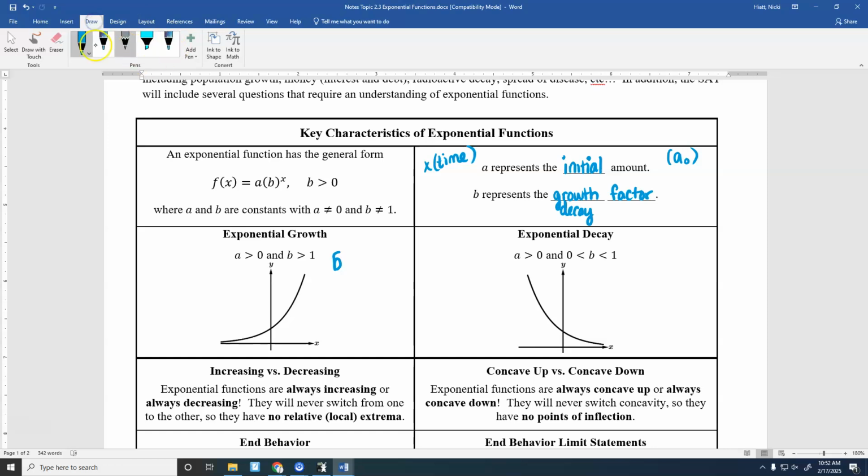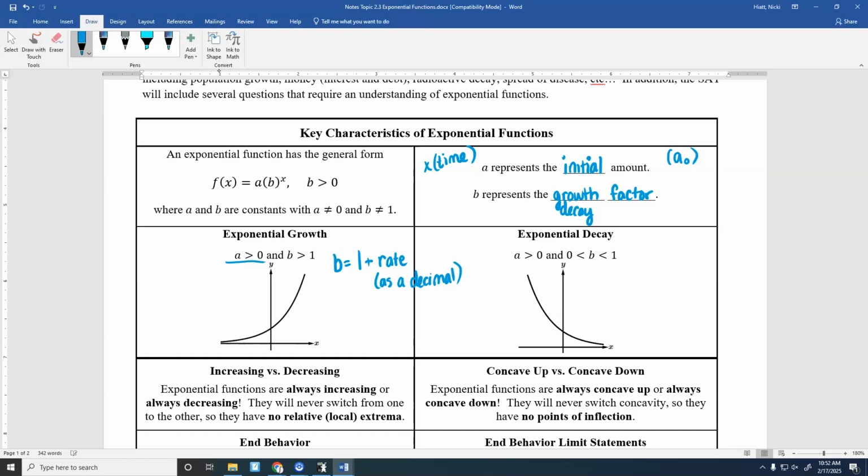Your B value is going to be 1 plus the rate as a decimal. So if you have a 5% growth rate, you're going to change that 5% to a decimal, which is 0.05, and you're going to add it to 1. That will give you your growth factor.